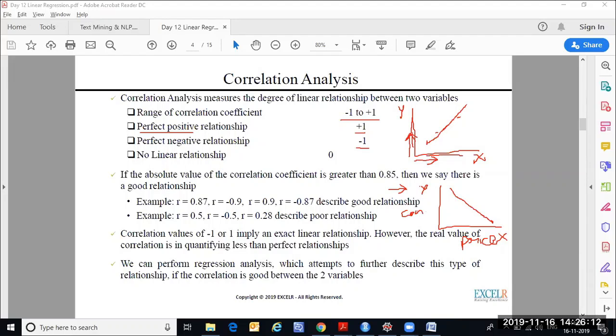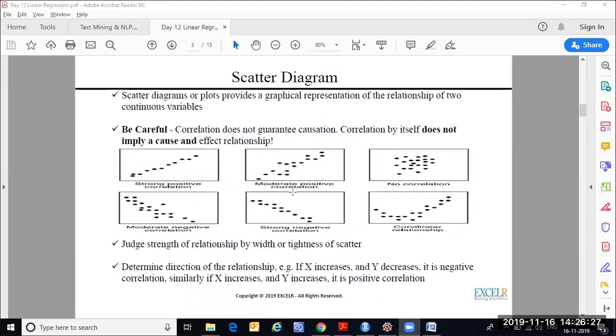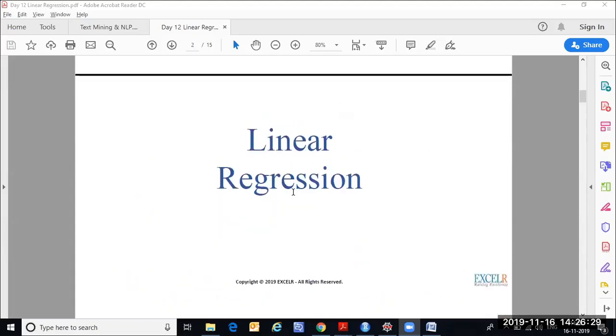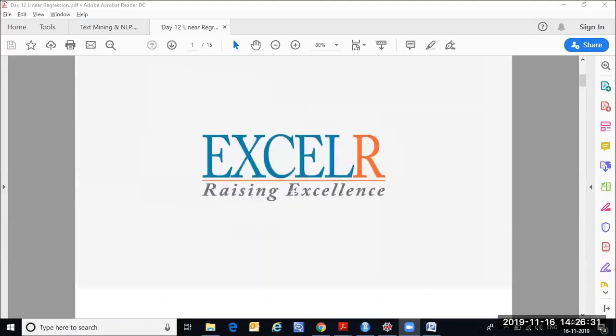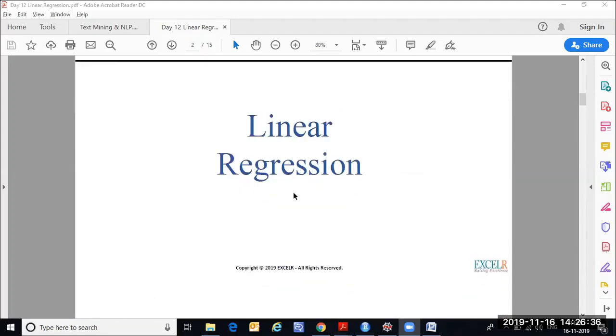But at the same time, why do we need to look at the relationship between two variables in the first place?